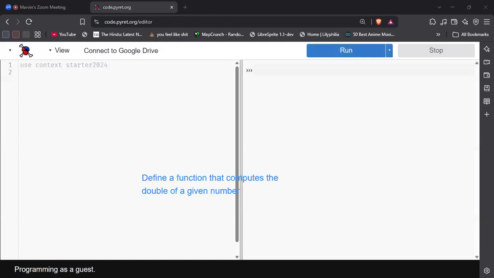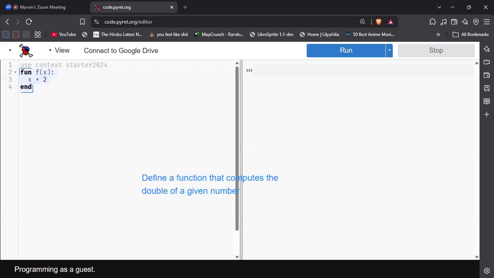That computes the double of a given number. Okay, yes. Should I call it?